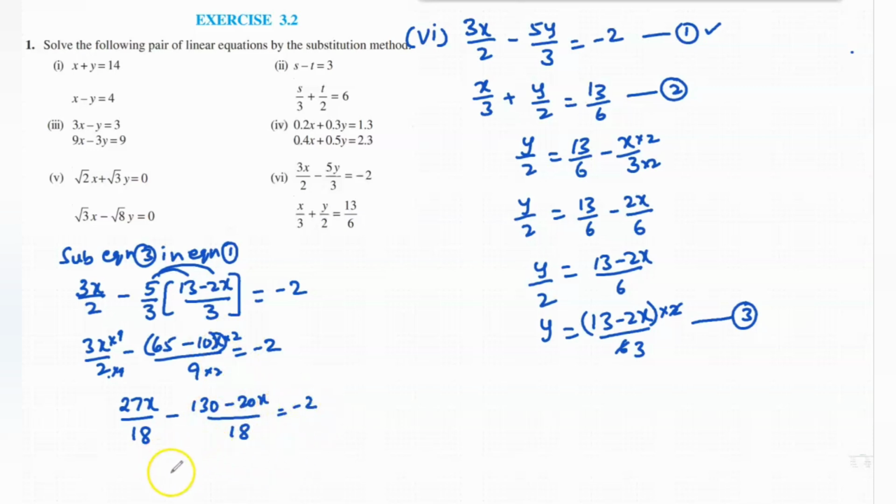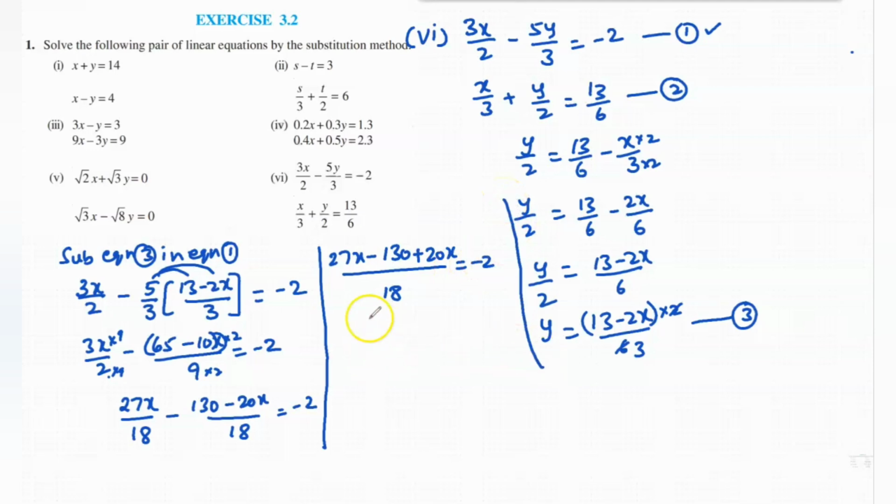Now let us write it as 27x minus, I'll write it totally in the numerator, 130 minus of minus 20x becomes plus 20x, by 18, which is equal to minus 2. Okay, let me draw a line here also. Now sending this 18 to the other side, it multiplies, and simplifying the numerators' like terms, 27 plus 20 becomes 47x minus 130.